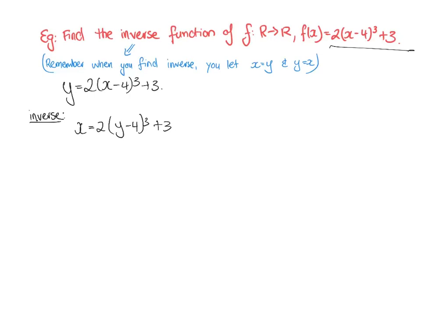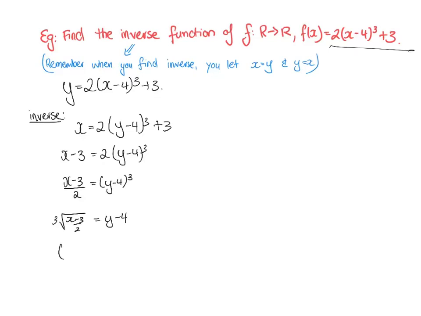And then we'll keep rearranging the formula. So I'm going to bring the 3 over. It'll be minus 3. And then I'm going to divide by 2. Bring the 2 over. So like that. Then I'm going to bring the power of 3 over. You could write it like this, or it's the same as saying to the power of a third.